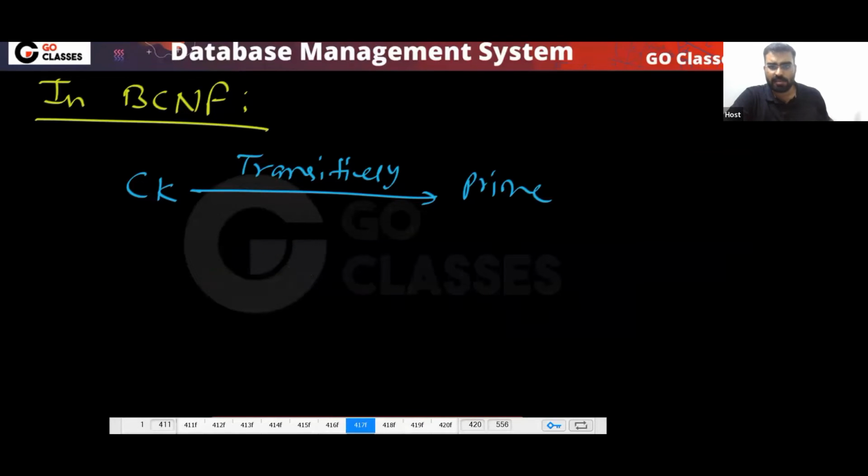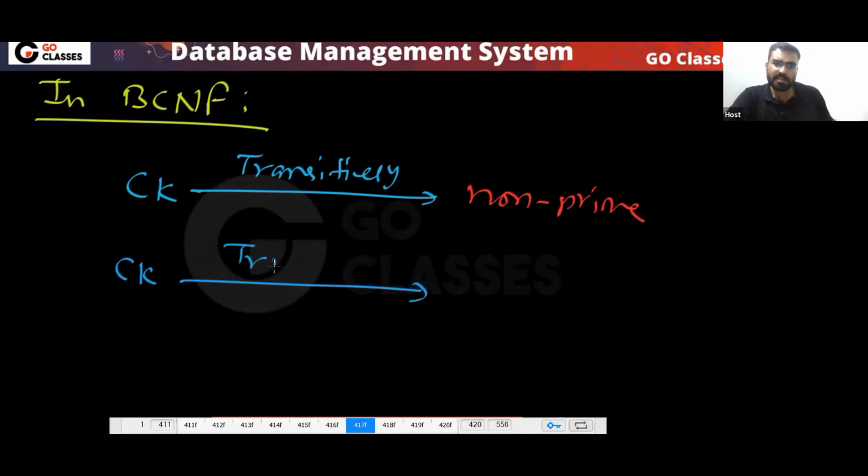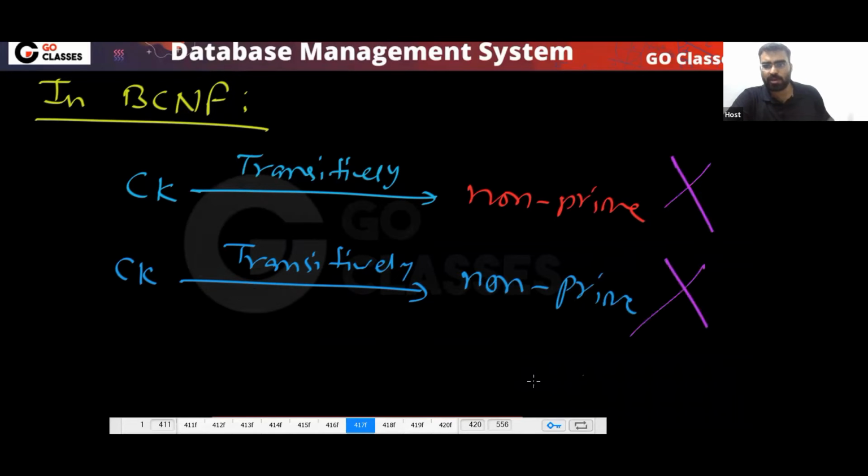The same thing you can say for non-prime also. So these types of non-trivial functional dependencies you cannot have. Is this clear? Tell me.